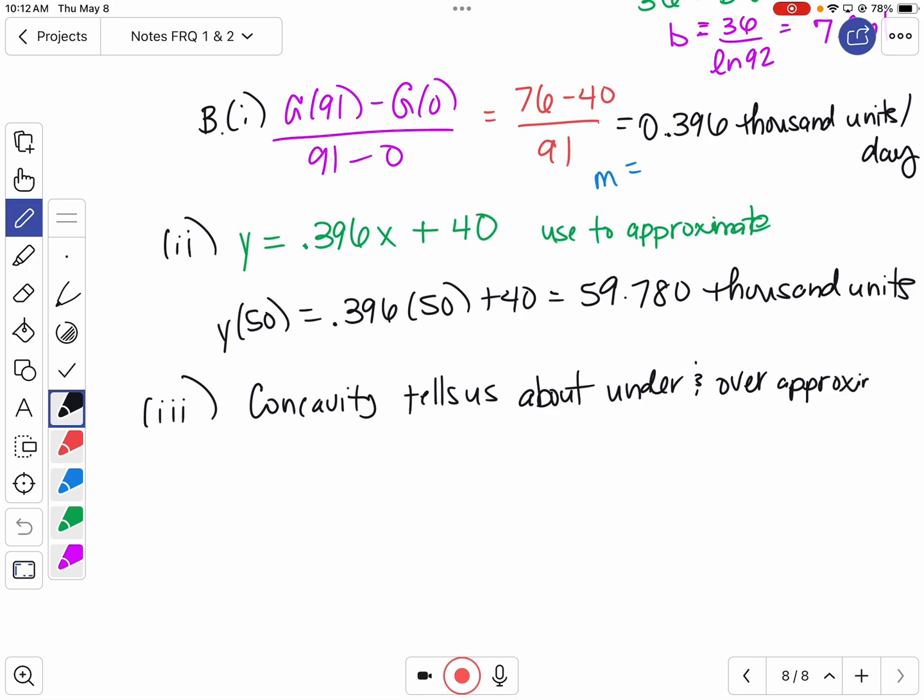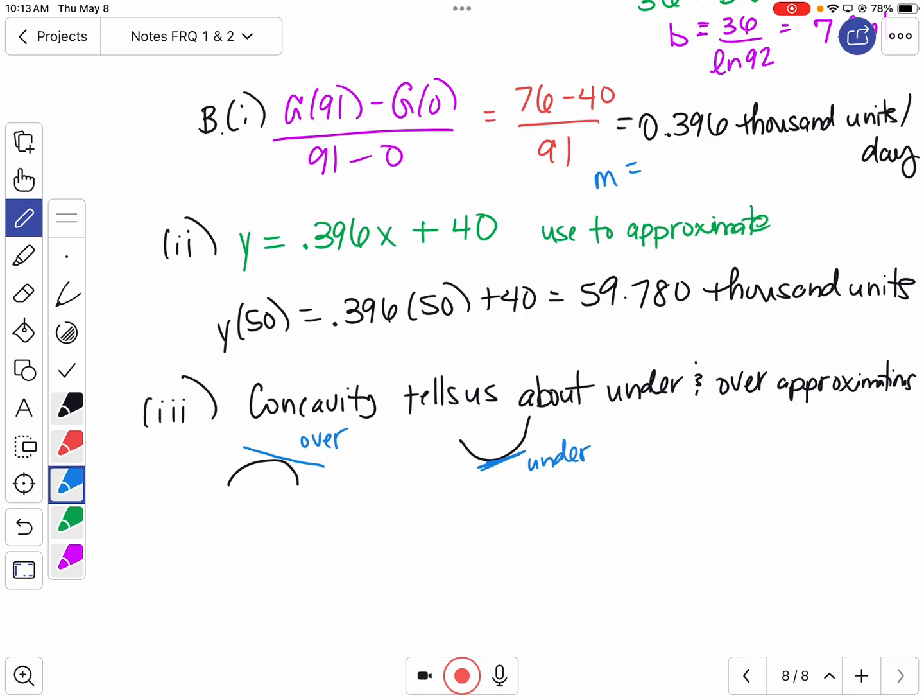So if I could figure out the concavity of my function, then I would know if my estimate was over or under, okay? So remember, if something's concave down, all right, my approximation would be over. If it's concave up, my approximation would be under.